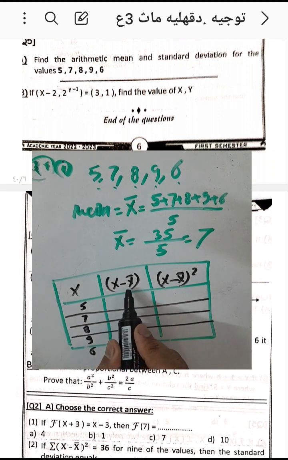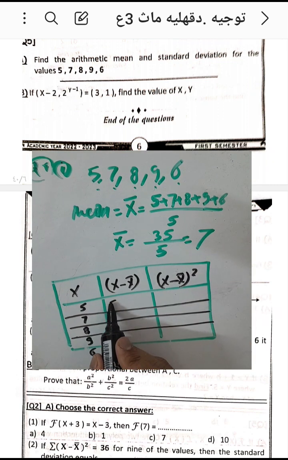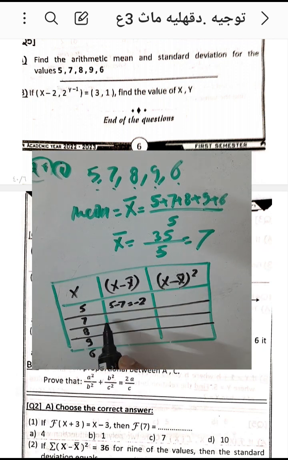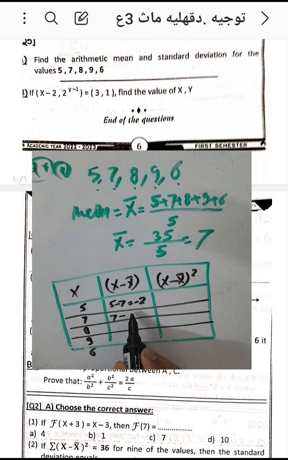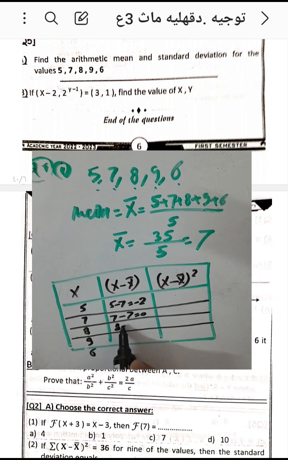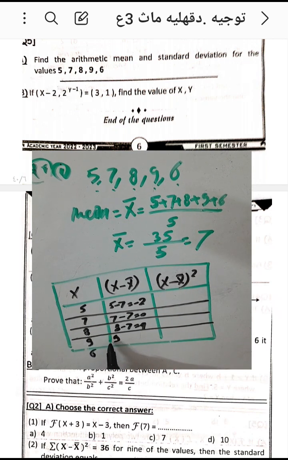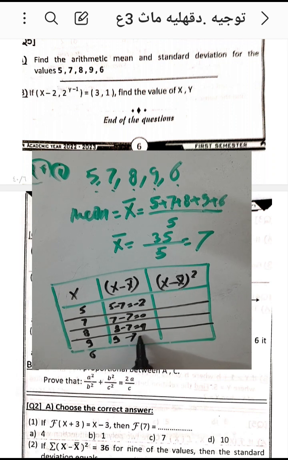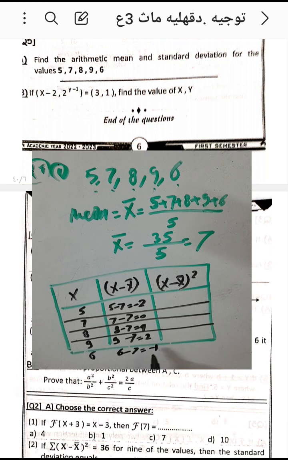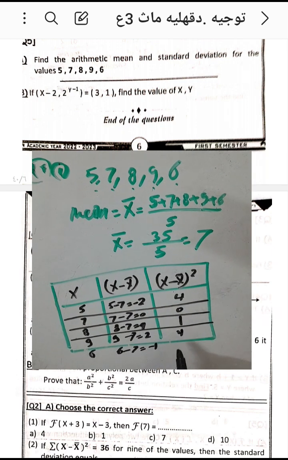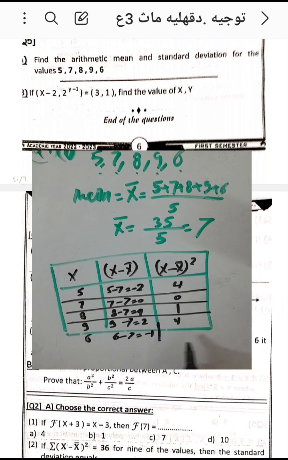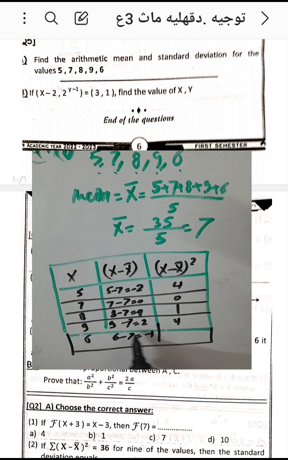X subtract x bar, 7: 5 minus 7 is negative 2. And then 7 subtract 7, it will be 0. 8 minus 7 will be 1. 9 minus 7 will be 2. And 6 minus 7 will be negative 1. Power 2 for each. And the last one will be 1.